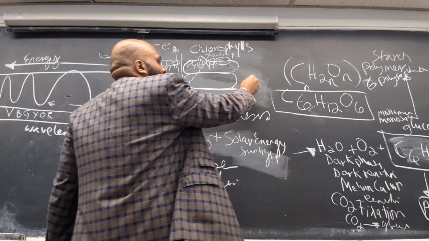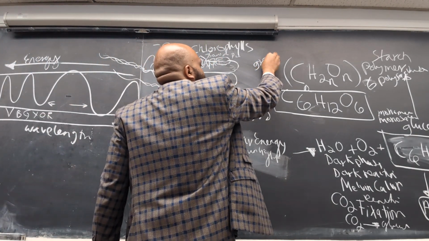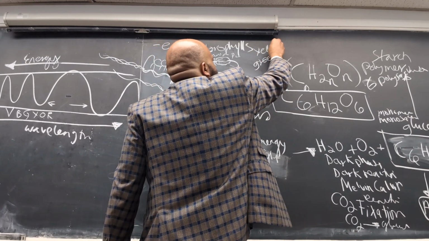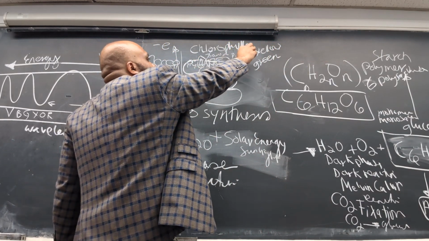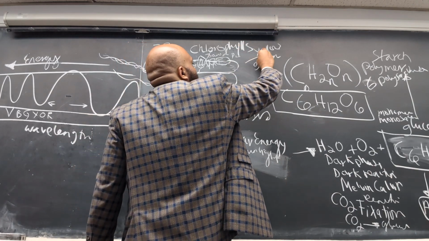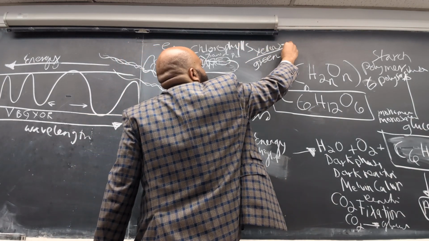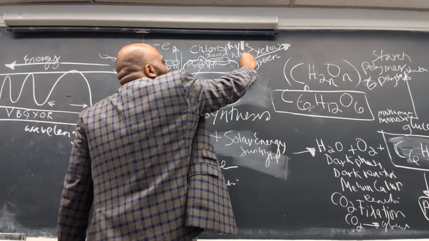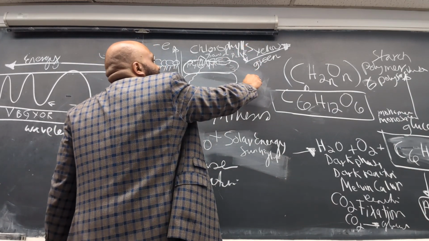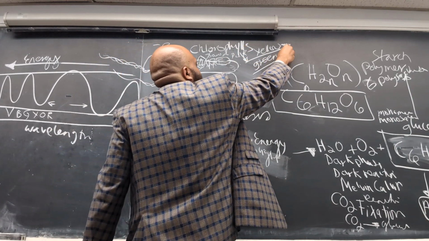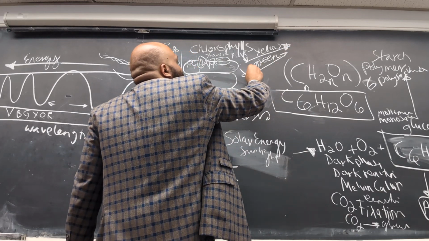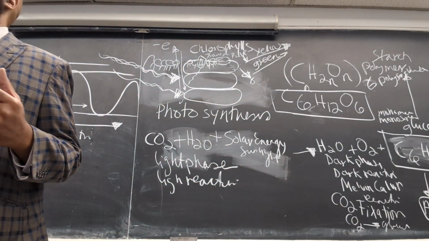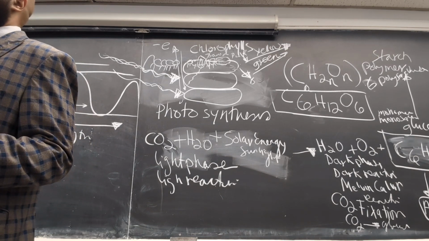So for example, our plants are usually green and yellow because the ones that are yellow in color absorb red color. And the ones that are green in color have actually absorbed blue color. So they absorb a different wavelength and project another.